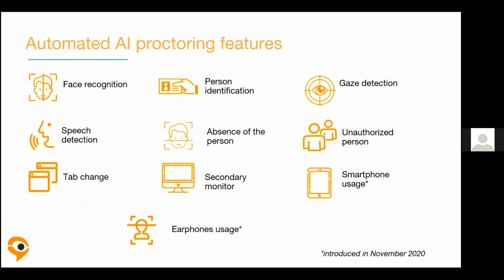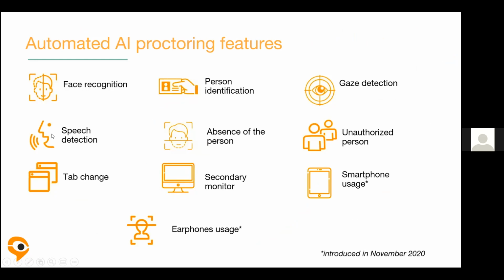All these behaviors are captured and recorded in the system in the form of so-called AI alerts. The AI alerts are created, for instance, if the test taker looks away from the screen, so it does gaze detection.